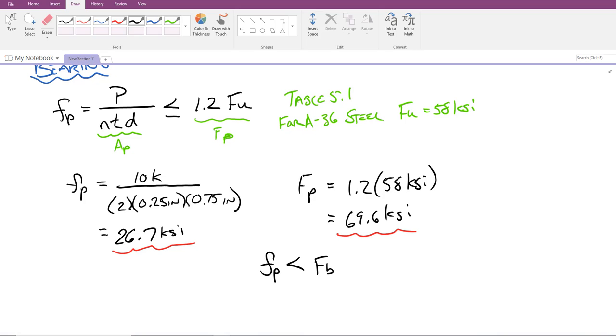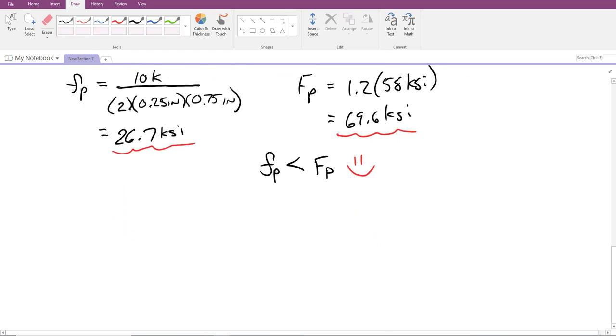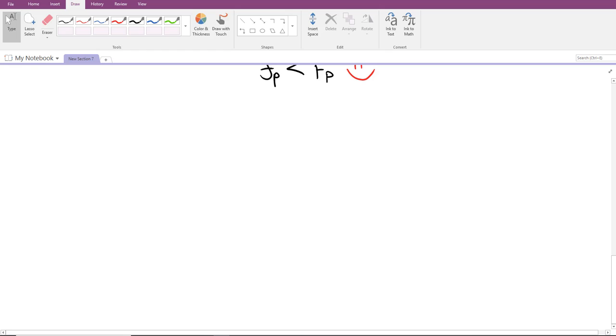Whoops, I just put a B instead of a P. Therefore this case also works, and we know that we're good for bearing. All right, next one. We need to check the tension on the gross area.